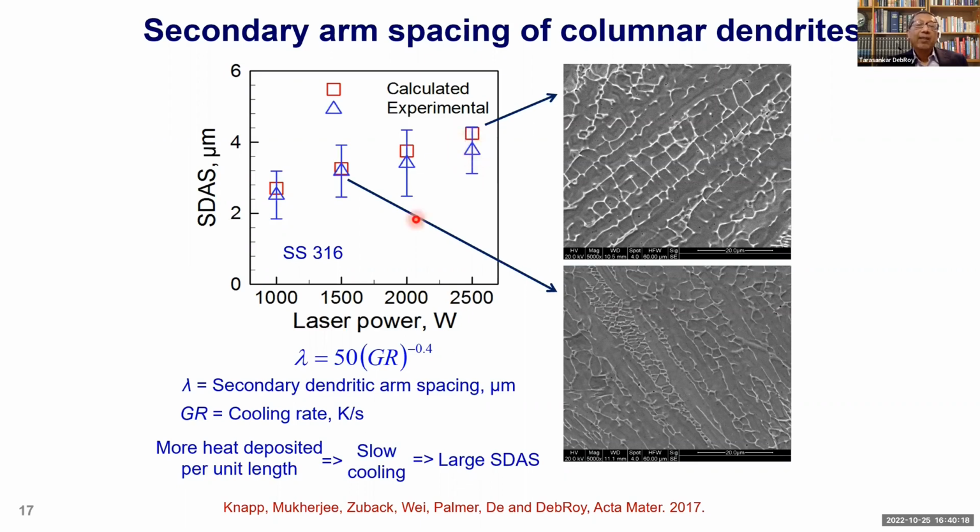If we take a stainless steel 316 and measure the secondary dendrite arm spacings, they will be somewhat larger than if we were to use a smaller laser power. Simply because lower power means faster cooling, so the coarsening will not be as pronounced as in 2.5 kilowatt power.